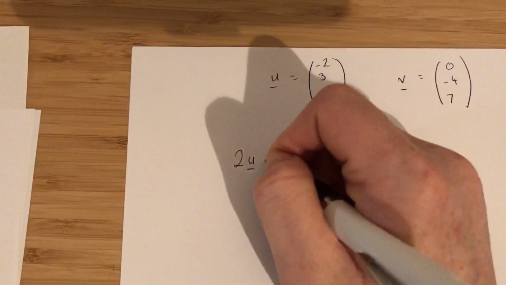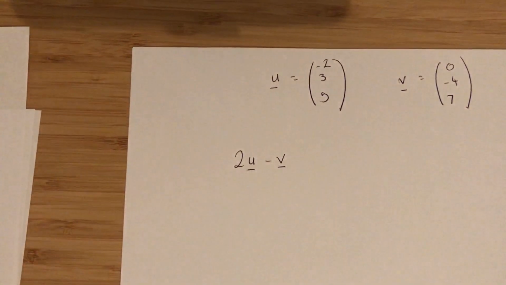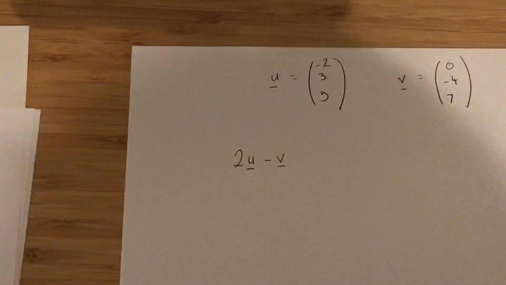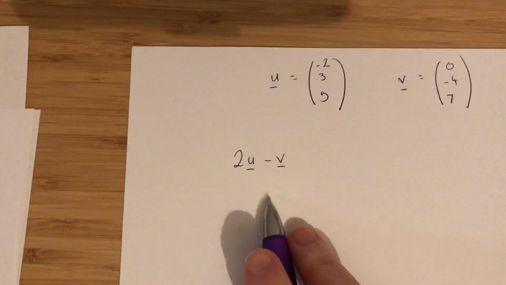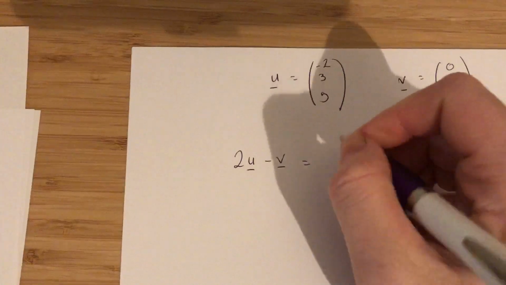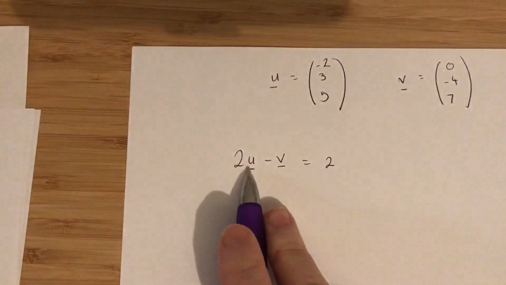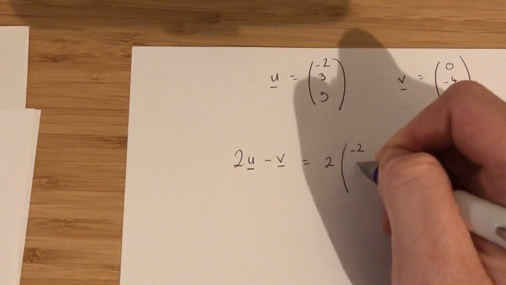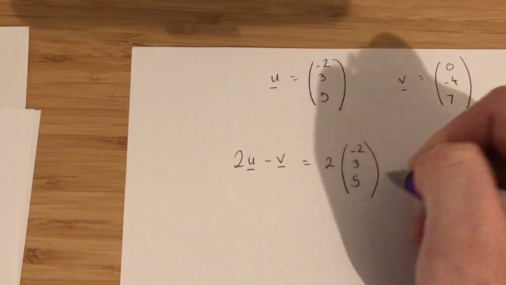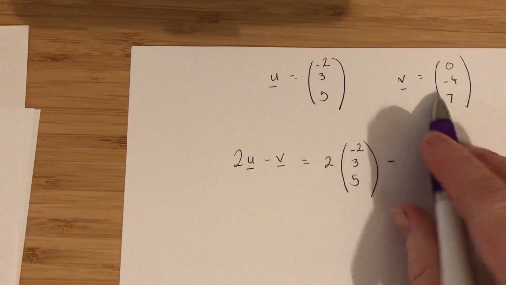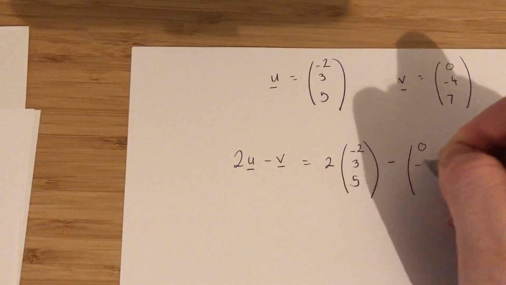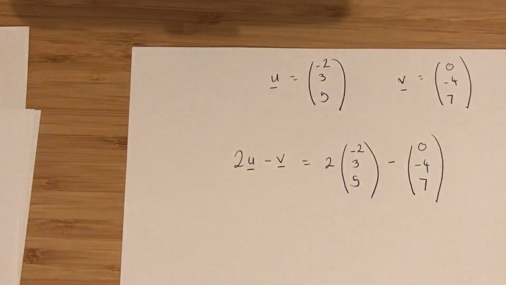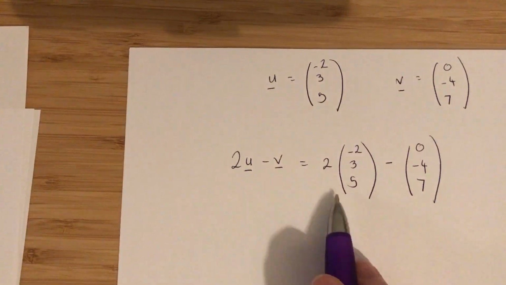Finding the resultant vector is really just what's the result when we do 2 times u and subtract v. So I'm going to write down 2 times, and replace u with these components: 2 times (negative 2, 3, 5), minus, and instead of v, I'm going to substitute in (0, negative 4, 7). So I've substituted in the components for u and v.